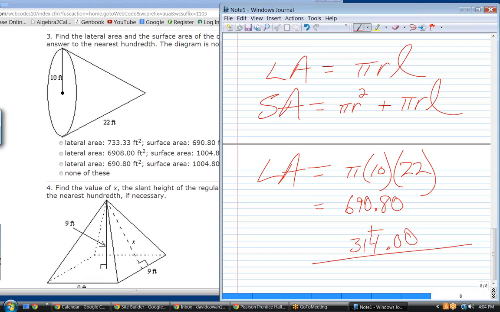I multiplied 100 times 3.14 and got 314. So the total area has to be this one here, 1004.8. So the lateral area is 690.8. The total surface area is 1004.8. Actually, it's kind of amazing how much of the surface area is the base.